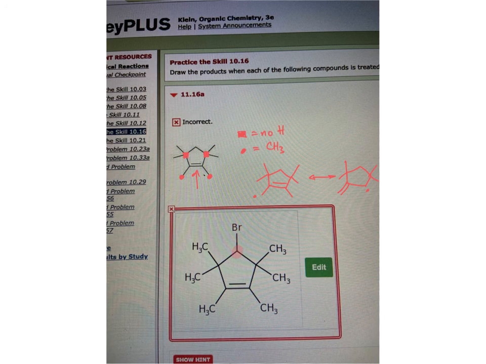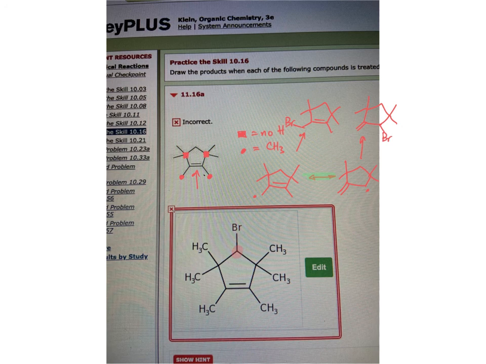So if you just draw those two products out, what you have to pay attention to in this type of problem is the allylic resonance is what's important, because it's easy to sort of forget that there's resonance and not get the remaining products.